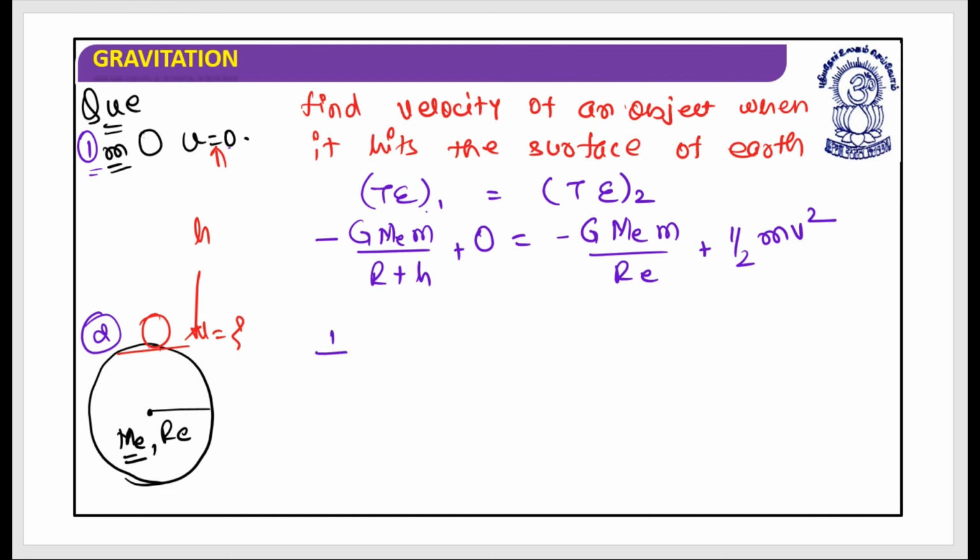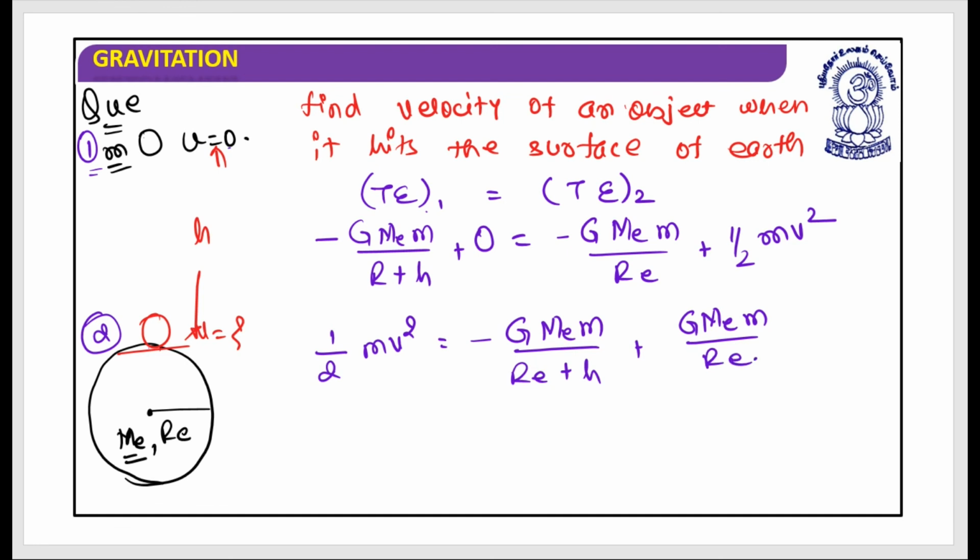So this half mv square should be equal to minus GMEM upon RE plus H plus GMEM divided by RE. I hope this is clear.